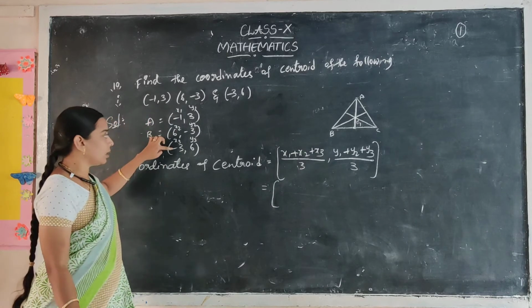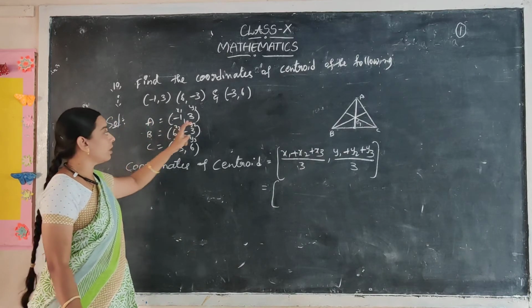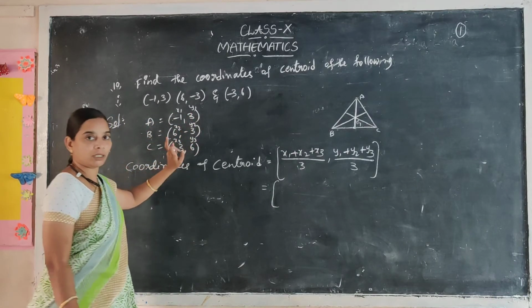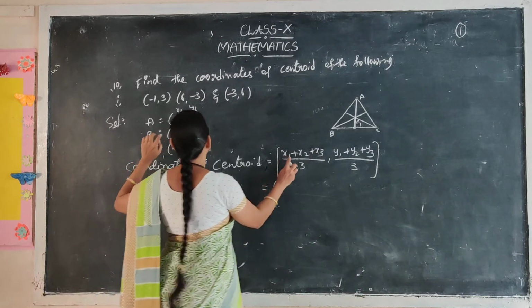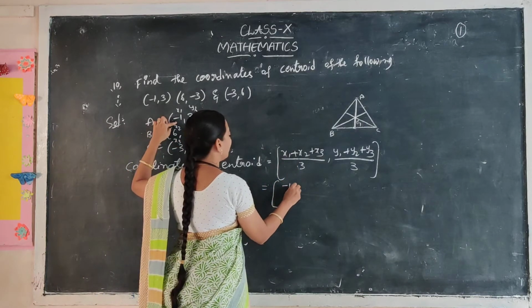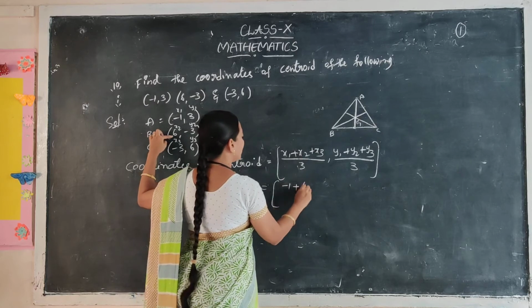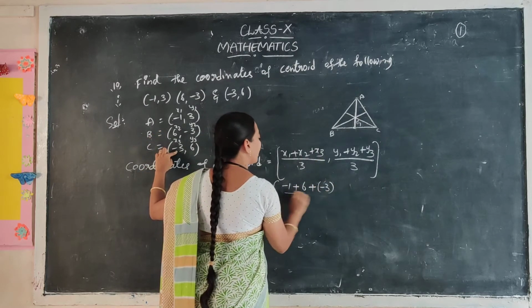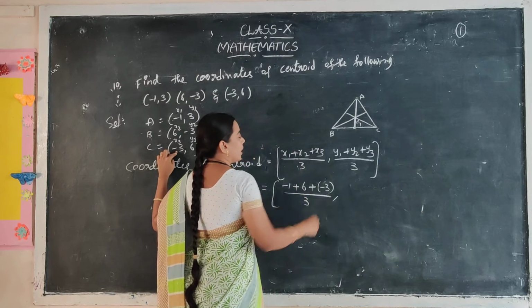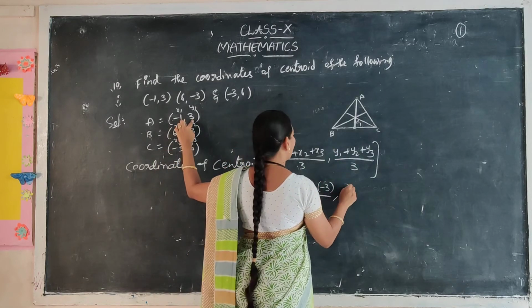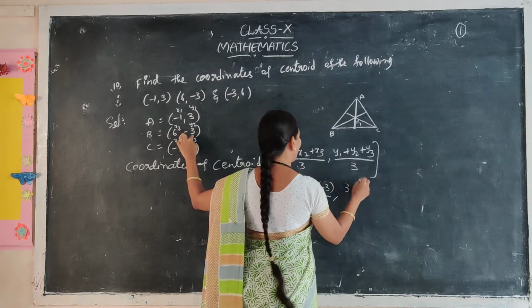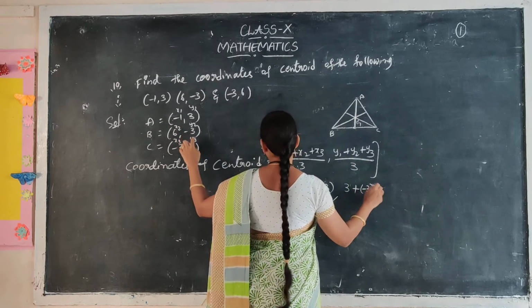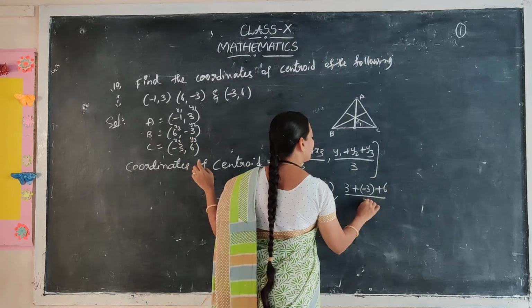These three are the x1, x2, x3 values. The right side are the y1, y2, y3 values. These values are substituted here. x1 plus minus 1 and x2 plus 6 and x3 plus minus 3 by 3. Next y1 plus 3 plus y2 plus minus 3 plus y3 plus 6 by 3.